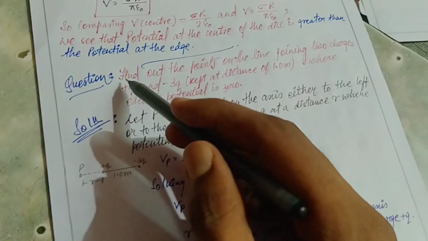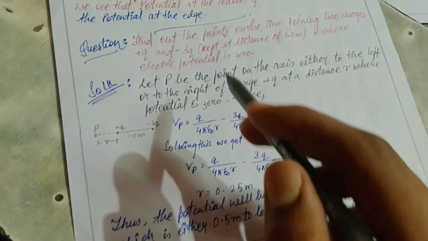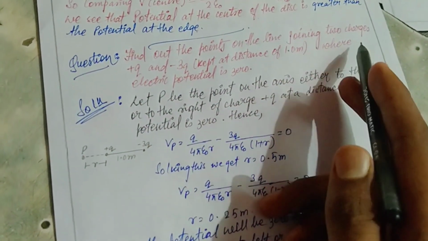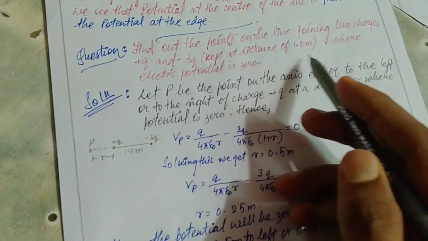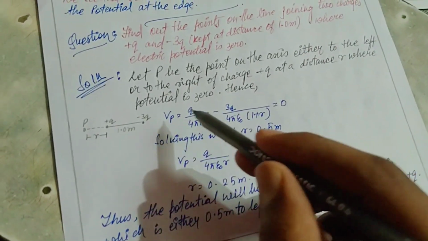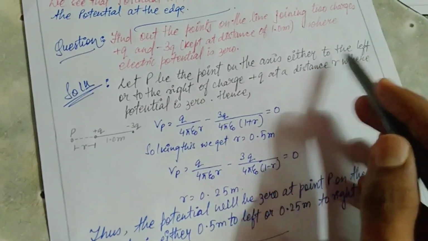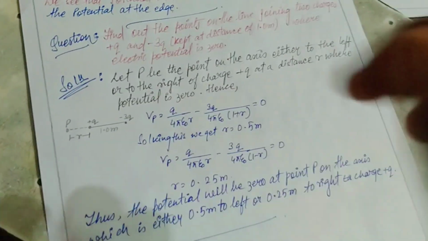Now we take a question here. Find out the points on the line joining the charges plus Q and minus 3Q kept at a distance, where electric potential is 0. After taking out, let P be the point on the axis, either to the left or the right of charge plus Q. So we get two values.